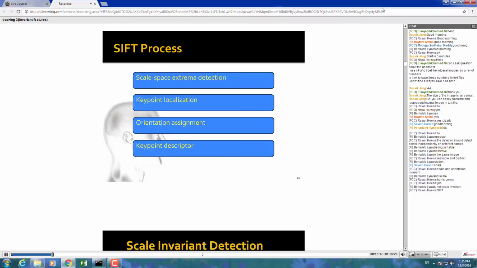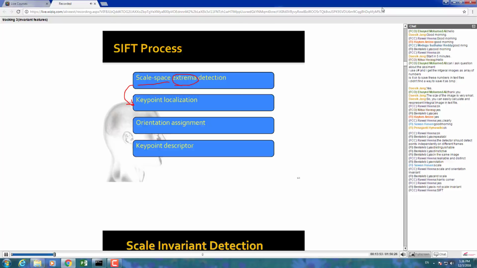These are the major processes of the SIFT algorithm. First of all, we need to find the extrema points in the scale space image stack. This is the process of detection. Based on these extrema points, we extract the key points. All these extrema points are considered key points.